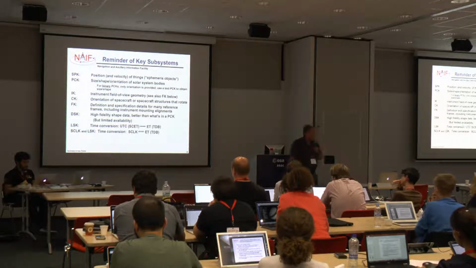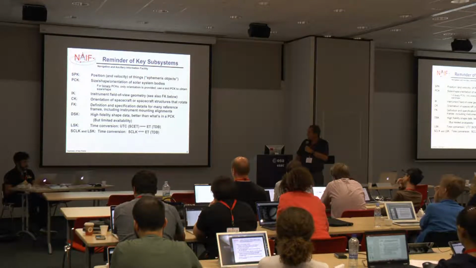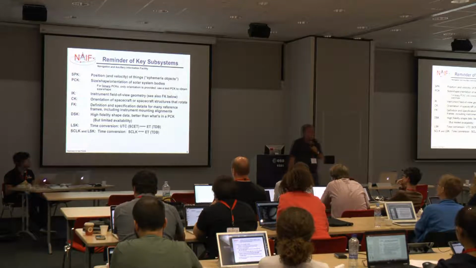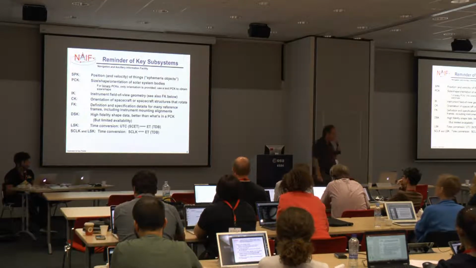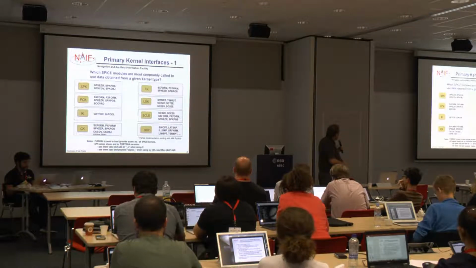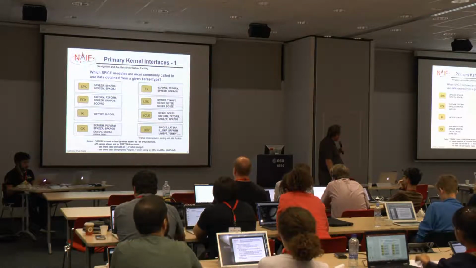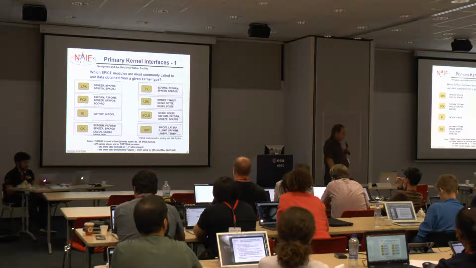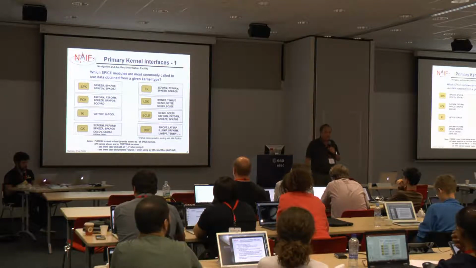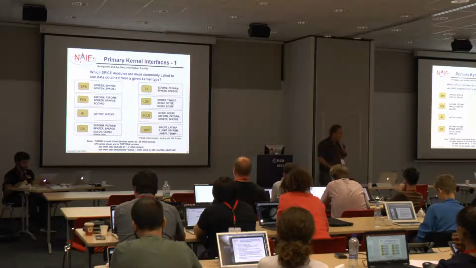So again, a summary of the major subsystems that are in SPICE. Now you're very familiar with all of these. You could probably recite this chart by heart. And then this was one of three, I think, key slides in this presentation that says if you know you have to work with an SPK file, what are your choices for getting data from that and using it?